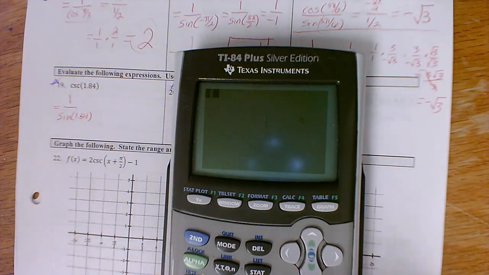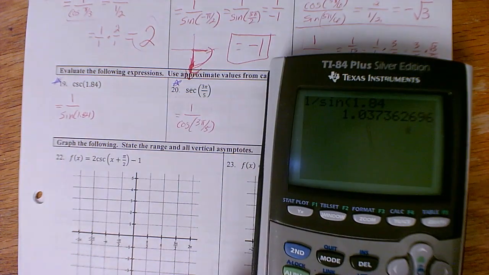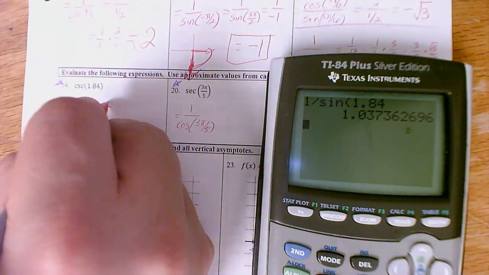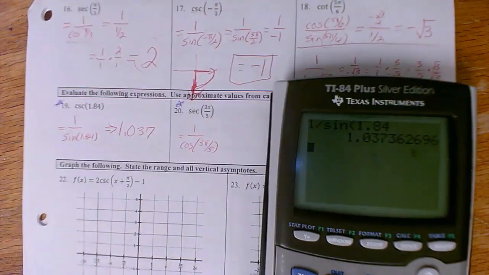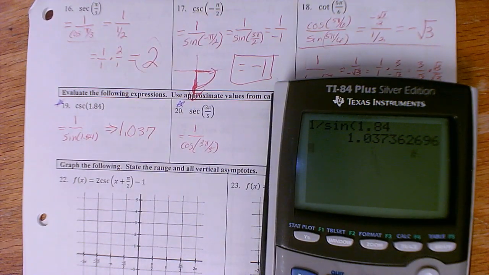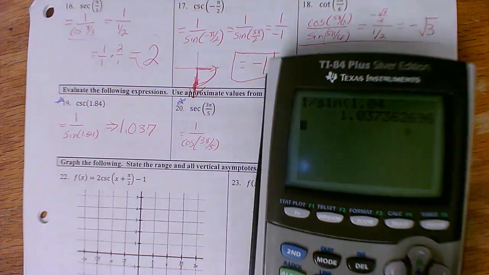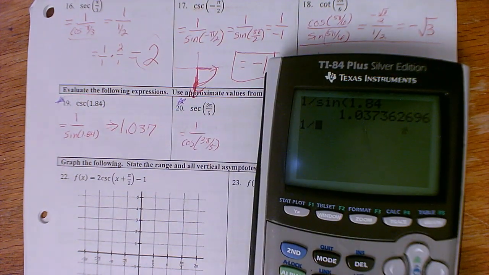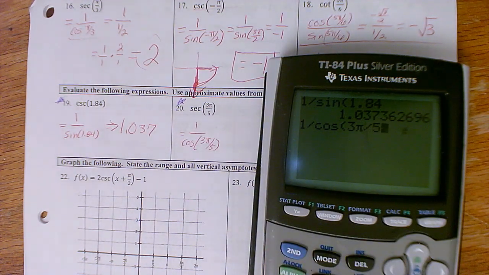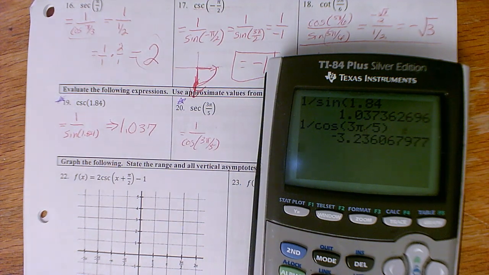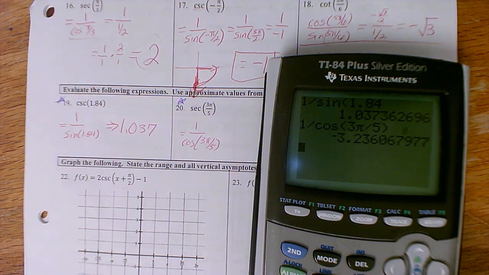So, 1 divided by the sine of 1.84. We go 3 decimal places, so this could be 1.037. And that's our answer, but I'm trying to get used to arrows. Now let's do the next piece. 1 divided by the cosine of 3 pi divided by 5. Negative 3.236.